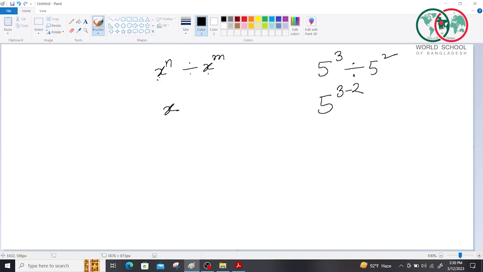We subtract the powers. Here we will do the same thing. We will subtract the powers, and in multiplication, we will add the powers. Everything is similar, just before we had a number, now we have a variable.